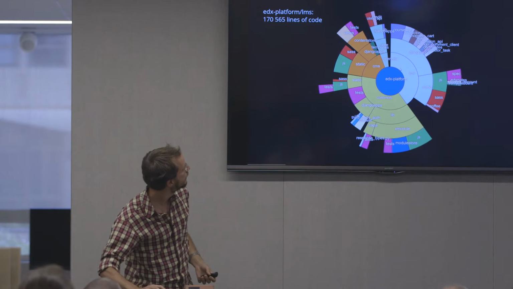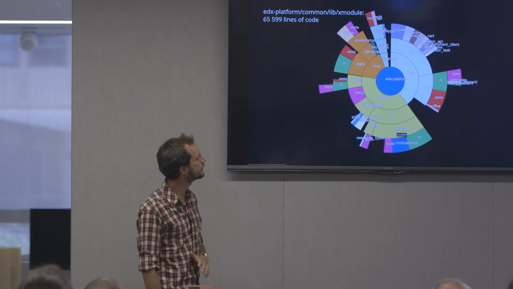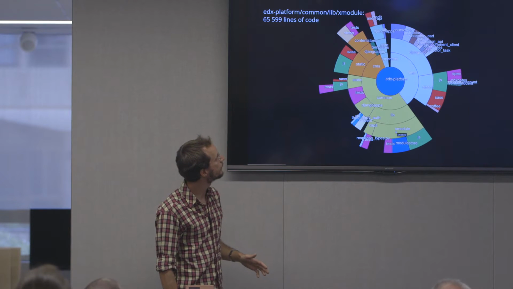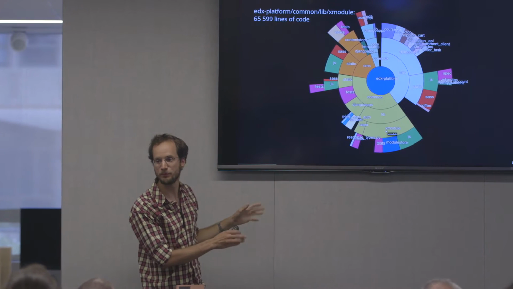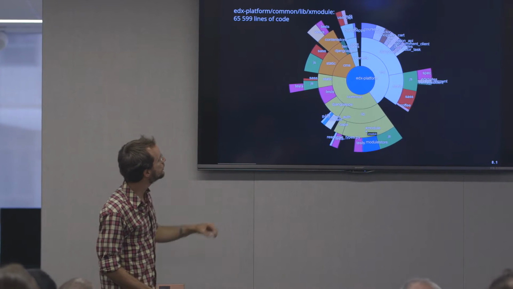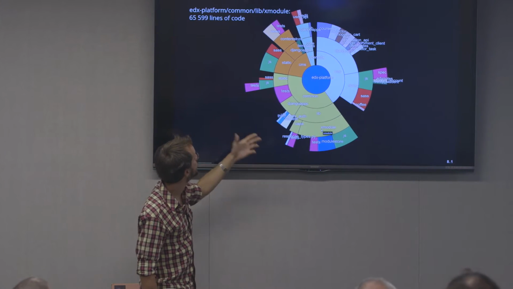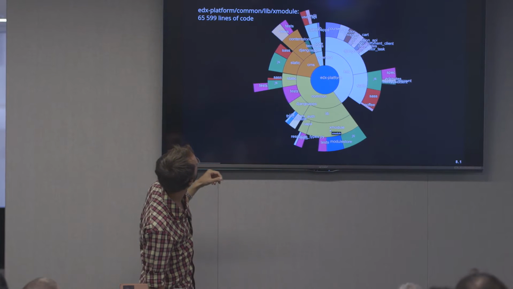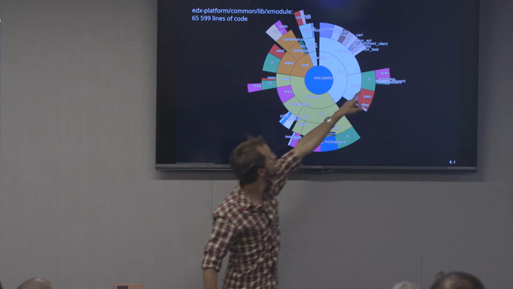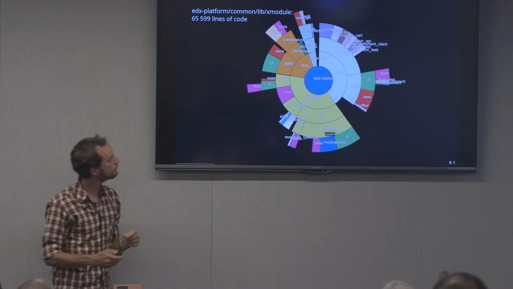This is 65,000 lines of code. It's enormous. Even if it were taken out of edX platform, it would be a very big project in itself. We see a lot of test coverage here in pink, lots of JavaScript code, as I mentioned, in green, and the spec is also some test code.